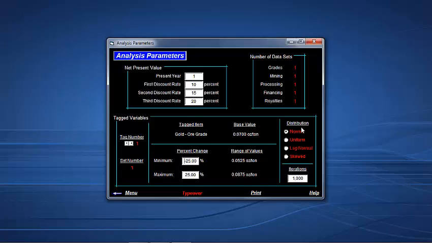But one thing we also want to look at is a Monte Carlo risk type assessment. And so we'll say all four of the things we tagged will vary through certain ranges over the course of the project. The first thing we have is the gold grade.